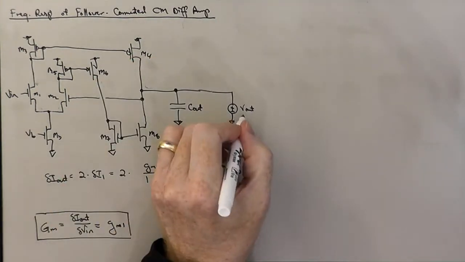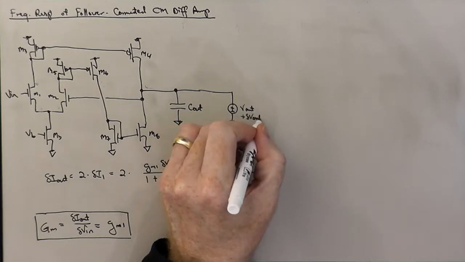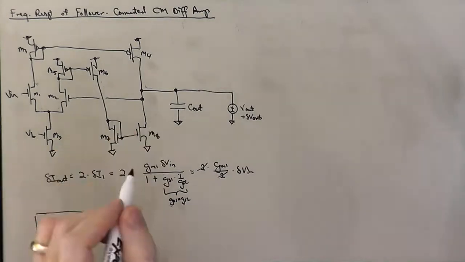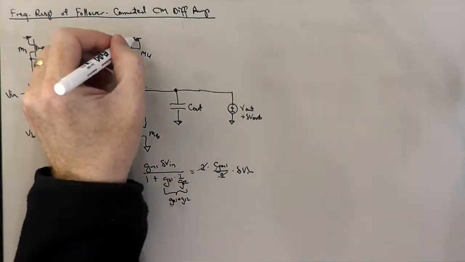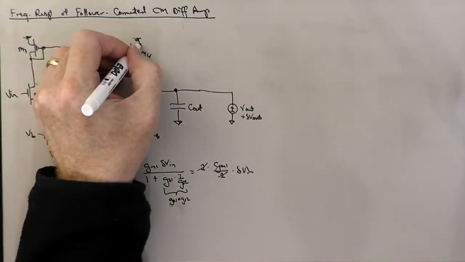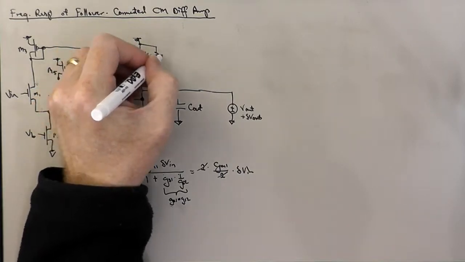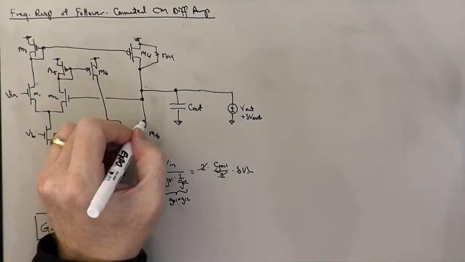We're going to increase V out by some delta V out. In this case, it's going to be a sinusoidal excitation on top of the DC level, the quiescent DC level, at some driving frequency, because we have a capacitor in the circuit. And like last time, we're going to actually put in the early effect resistors on M4 and M8.